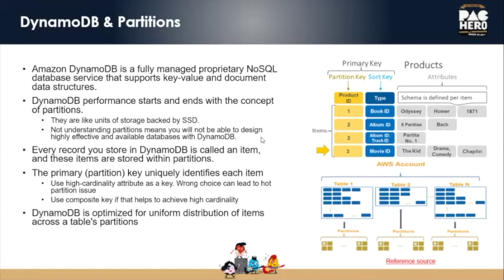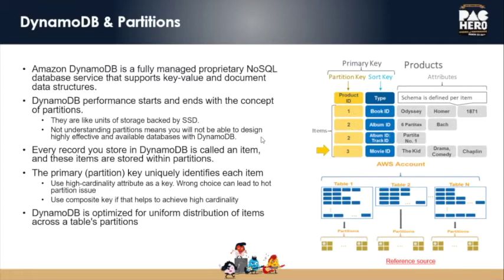Choosing a wrong partition key can have a huge performance impact, especially you might end up with a hot partition key issue. So that's one of the other critical things to know when you're designing the DynamoDB structure: make sure your partition key's cardinality is really, really high.